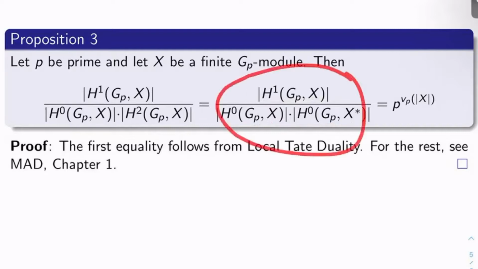And these quotients are important because both of them equal p to the power of the p-adic valuation of the order of X. The first equality essentially follows from local Tate duality, and the rest is covered in MAD chapter 1 as well, along with local Tate duality itself.